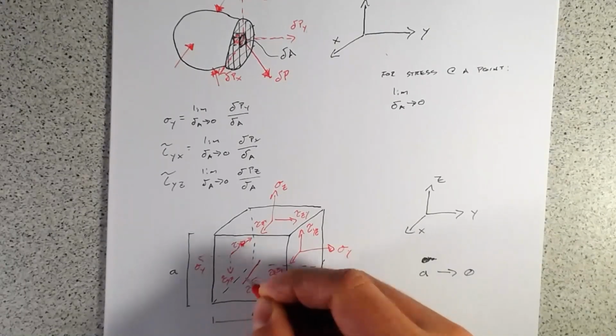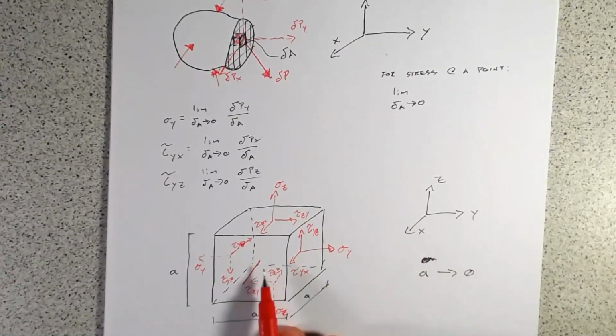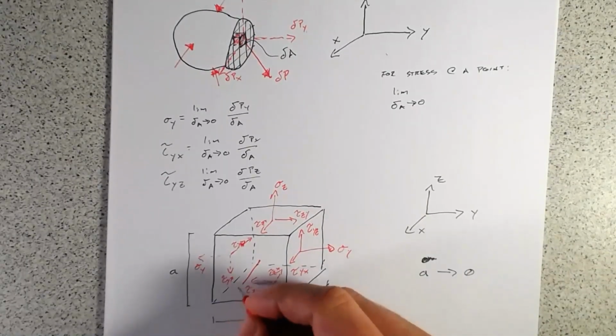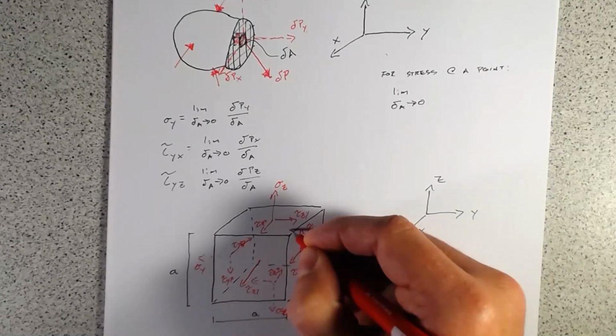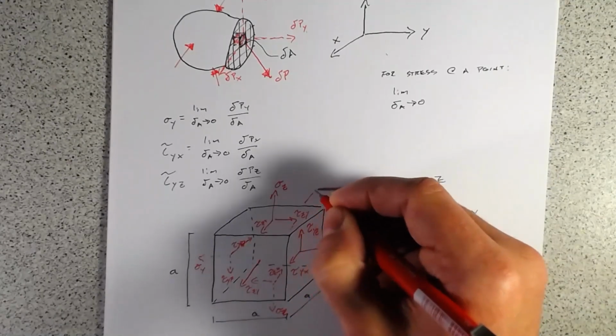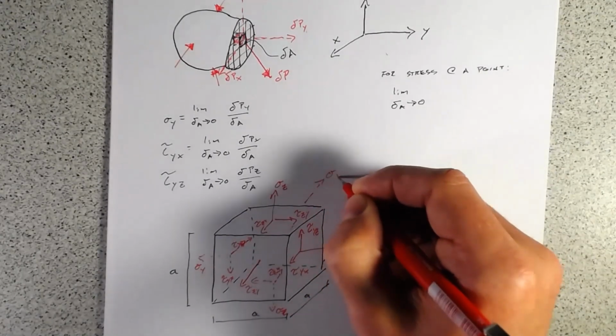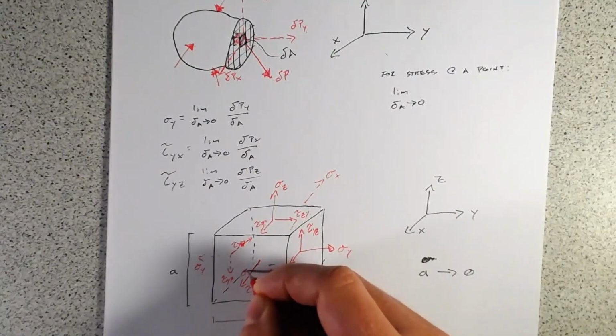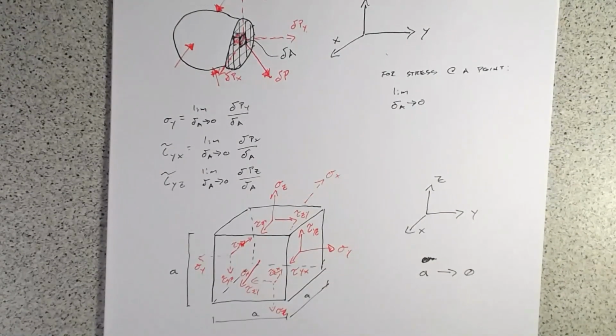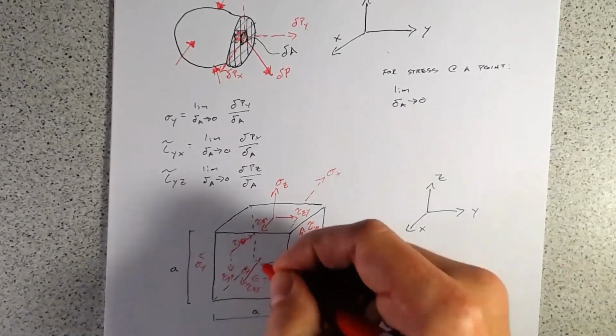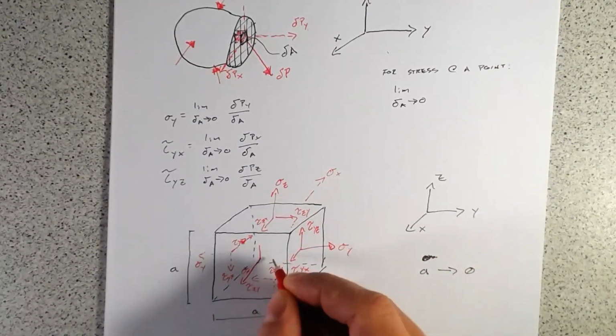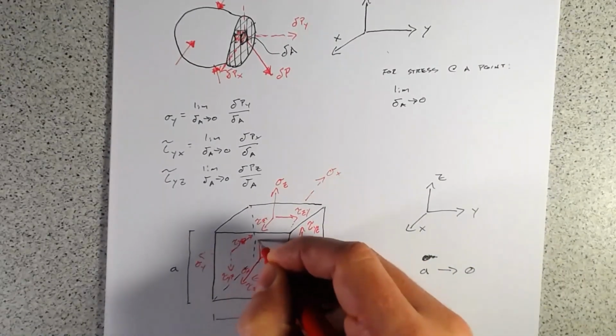on this block is on the zy face, so normal to the x direction, sigma x. Sorry, we're getting a little messy here on the drawing, but you should be starting to see the pattern.